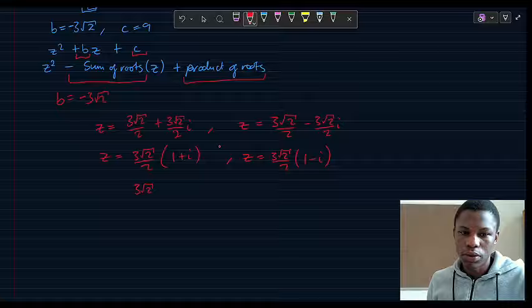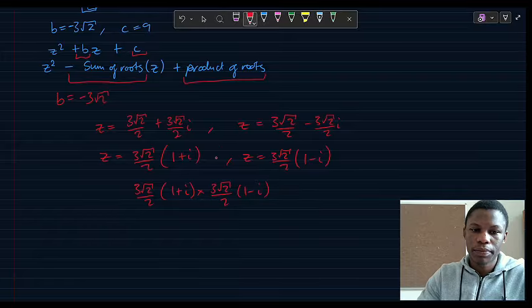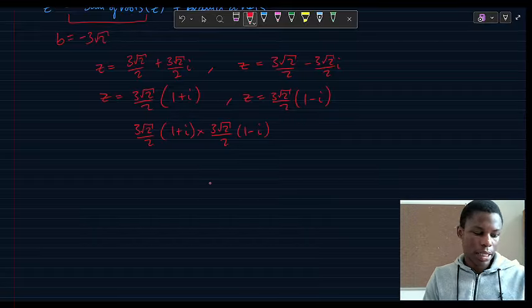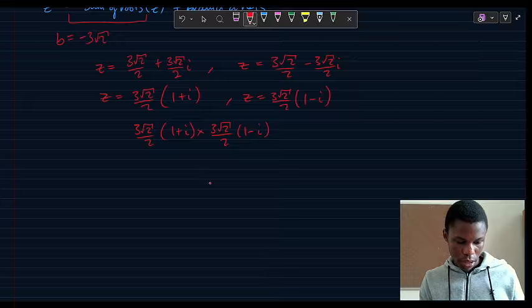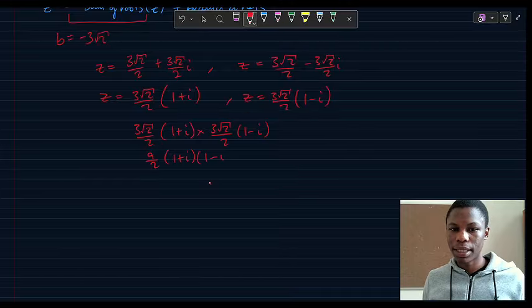So I've got 3 root 2 over 2 times 1 plus i multiplying 3 root 2 over 2 times 1 minus i. Okay. So if we multiply the 3 root 2 over 2 times the 3 root 2 over 2, this is just 3 root 2 over 2 squared. That gives us 9 over 2. And we've got 1 plus i multiplying the 1 minus i, and that's just a difference of two squares.